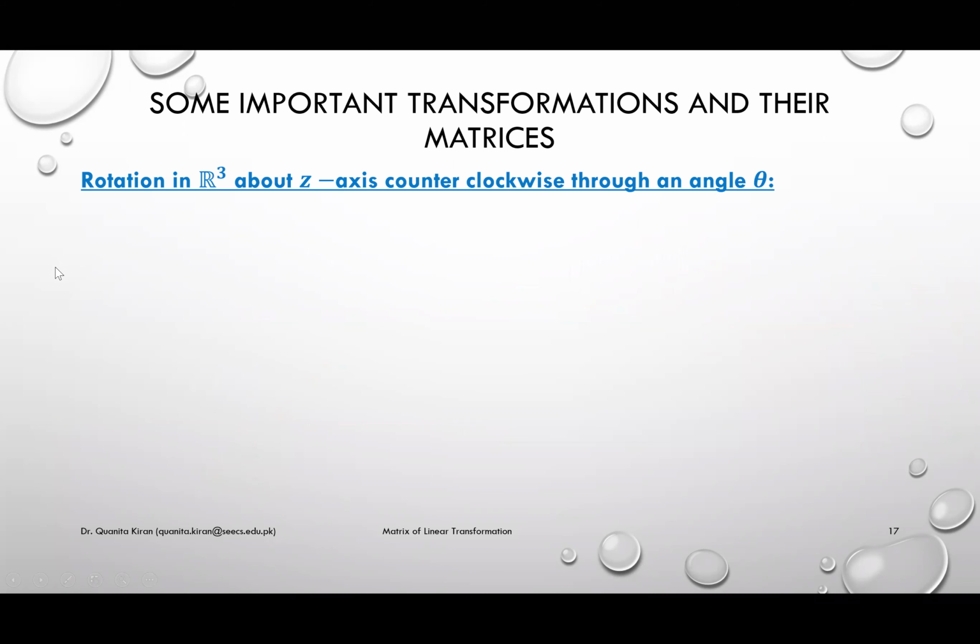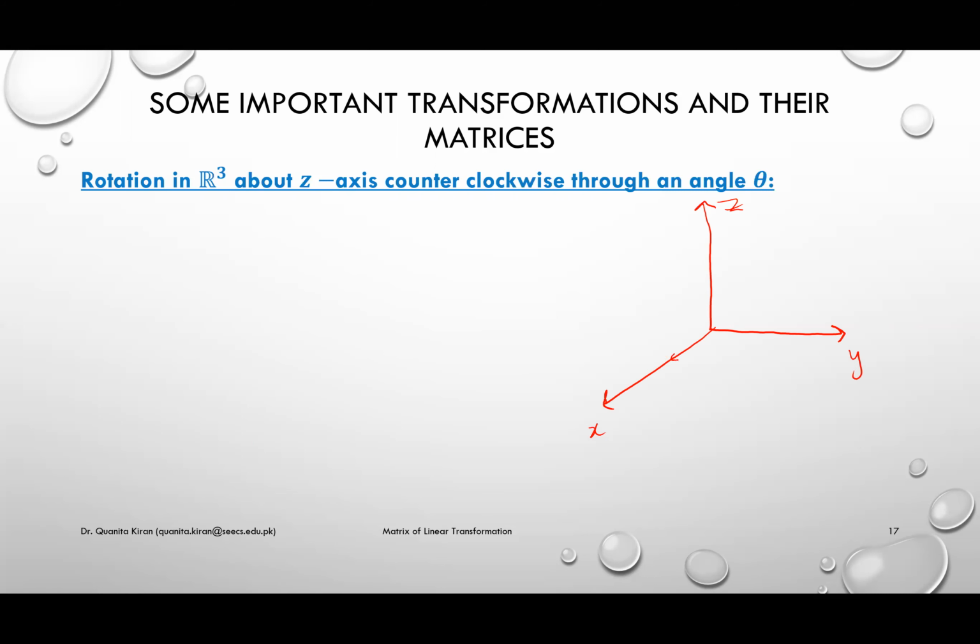Now, all of these transformations can be extended to 3 dimensions, but I am doing here just the rotation in R3 about the z-axis, and again we are taking the counterclockwise angle theta. So again we want to know the action of this rotation on the basis vectors. Suppose we have this 3-dimensional coordinate system.